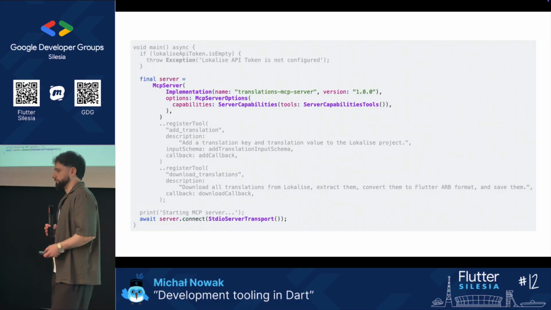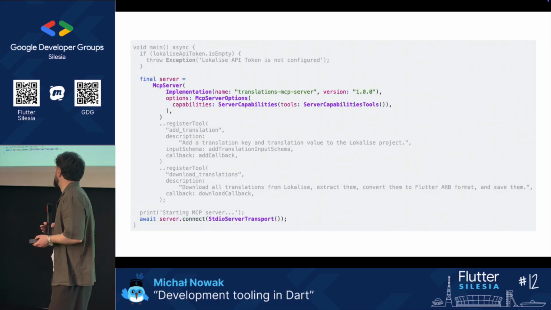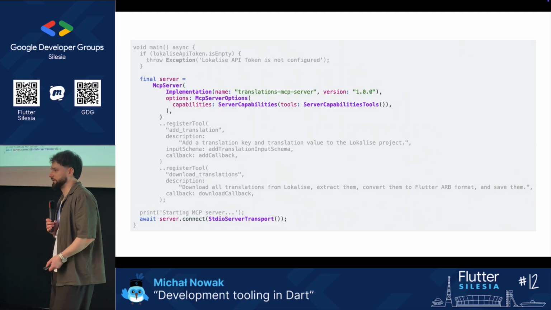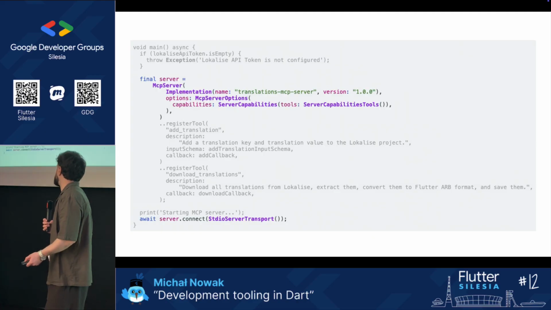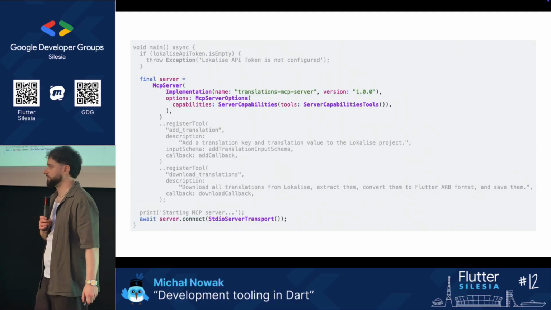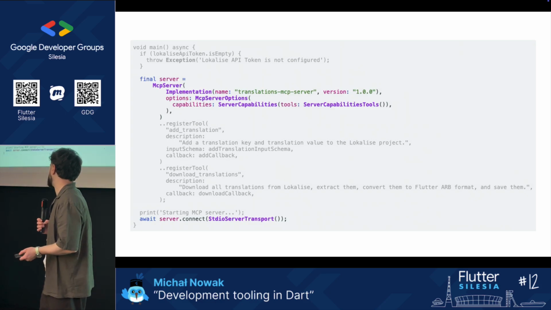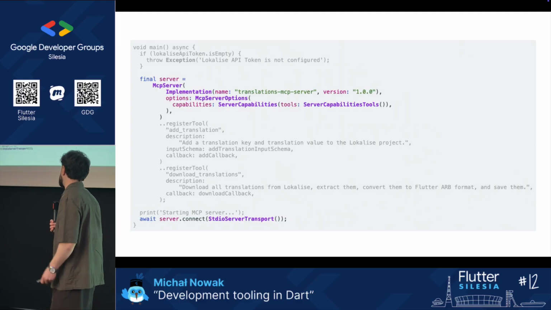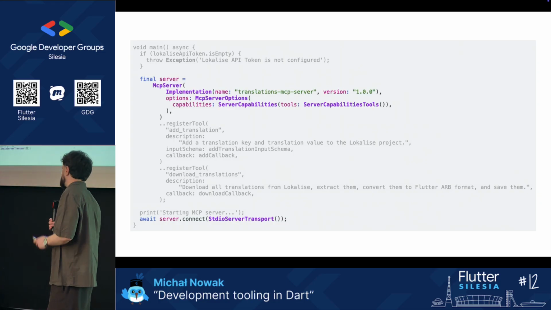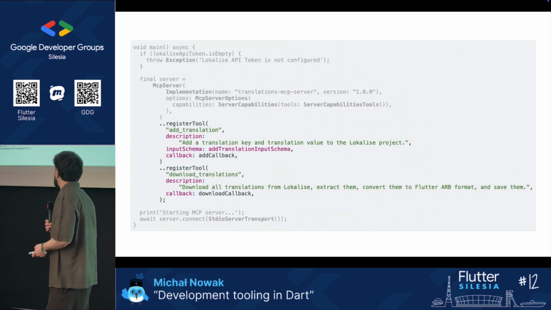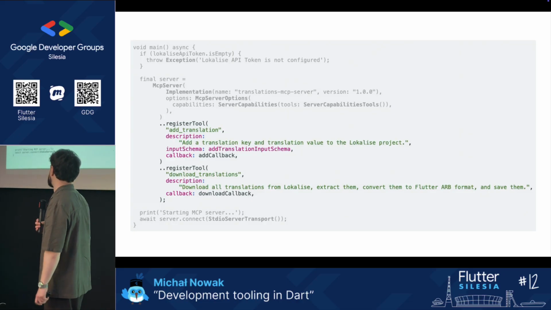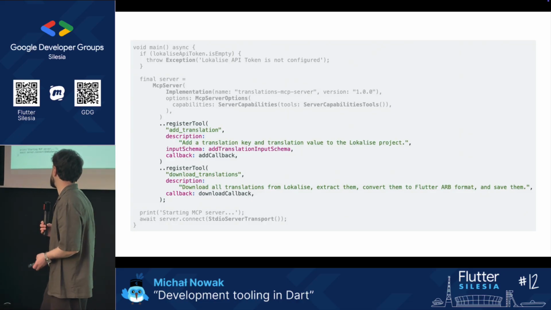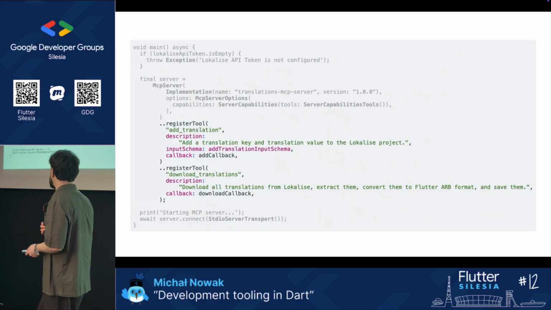And when we already have some sort of tools like that, it's pretty simple to just plug the package in, and all we need to do is convert the outputs of those methods to the MCP format. So just creating a server, defining the server capabilities, and connecting to it instead of just returning a value, and registering some tools, which are the same as before, with a description, an input schema and a callback.